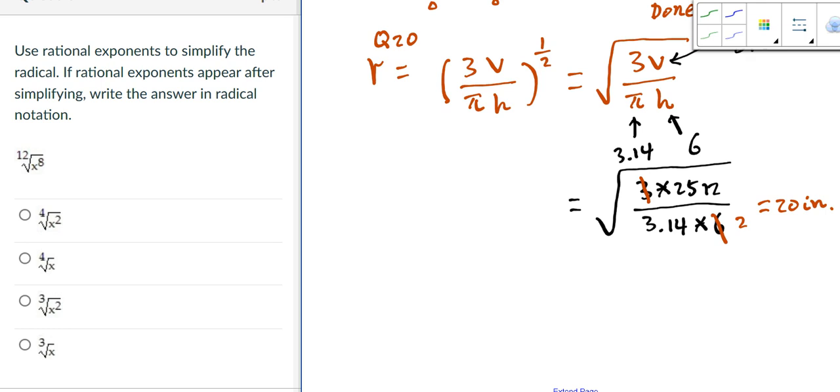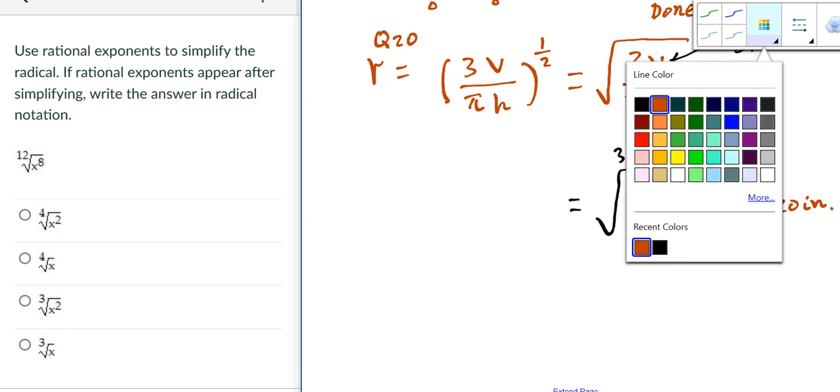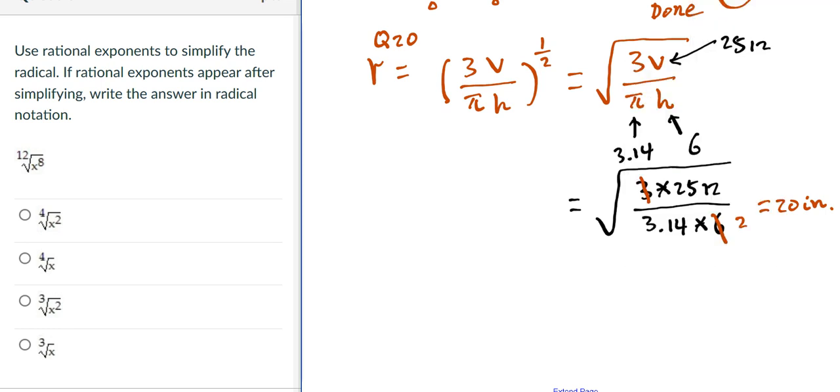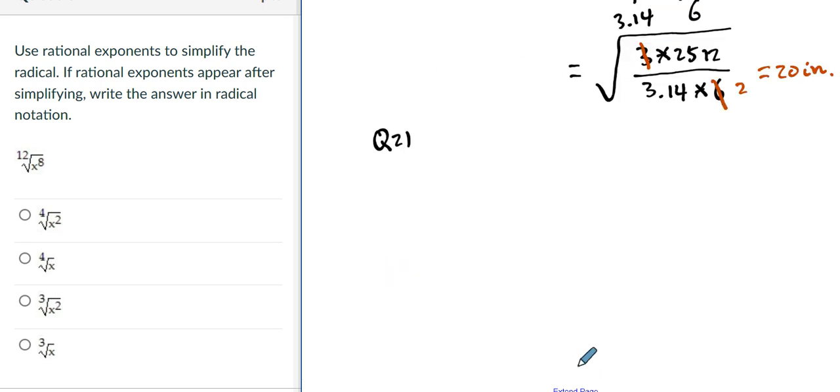21. Let me start with the black marker. 21. We have a 12th root, and then inside is x to the 8th power. If you write using the fractional exponent, 8 is the numerator, 12 should be the denominator.